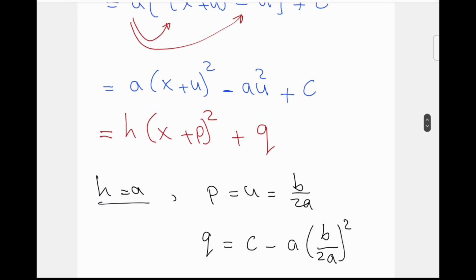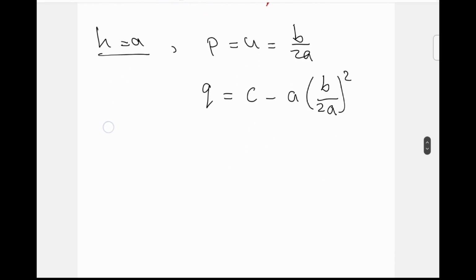Okay, so that's basically the general approach.